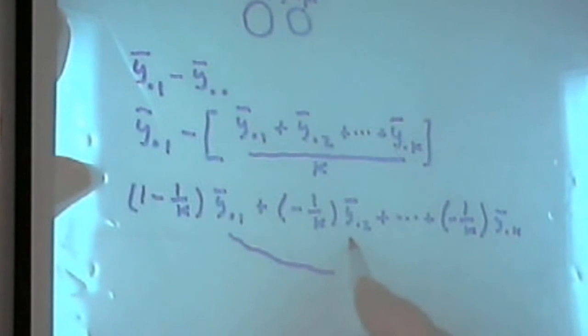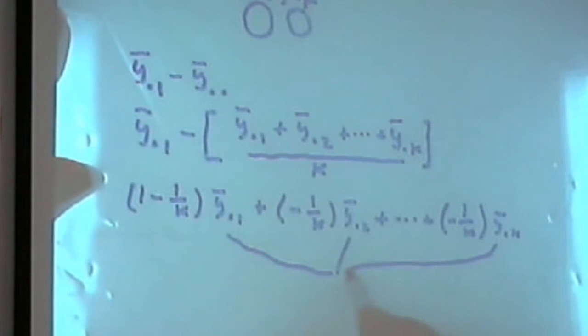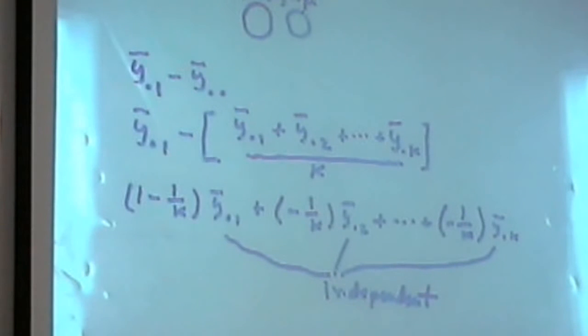These variables, notice, are independent. So what I have is a linear combination of independent random variables. I want to know its variance. Our formula from the first day handout, the last page of it actually, says the variance of this linear combination of independent variables is the sum of the variances, making sure that I square the coefficients.